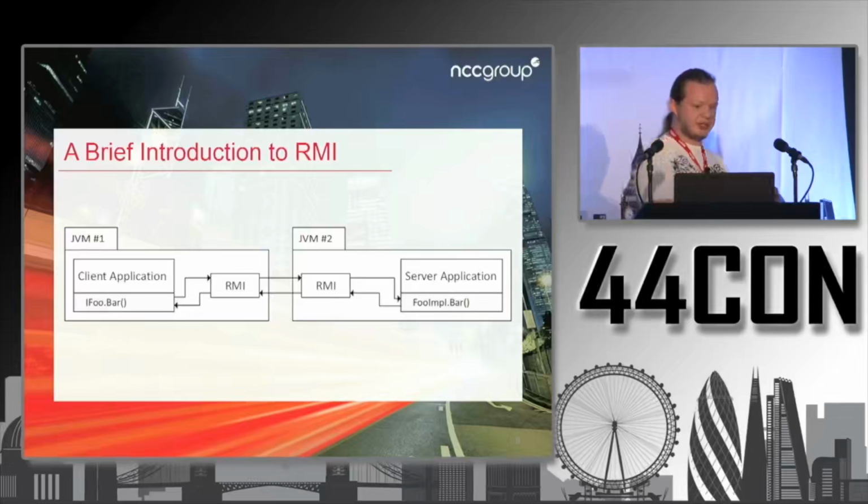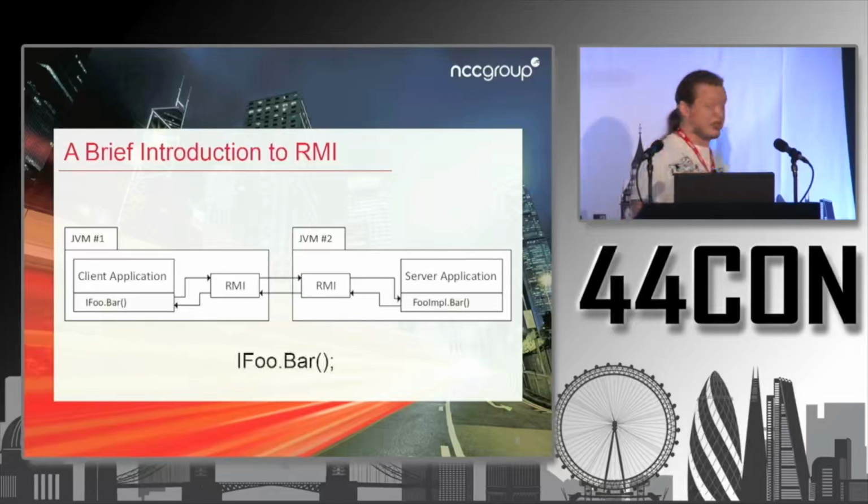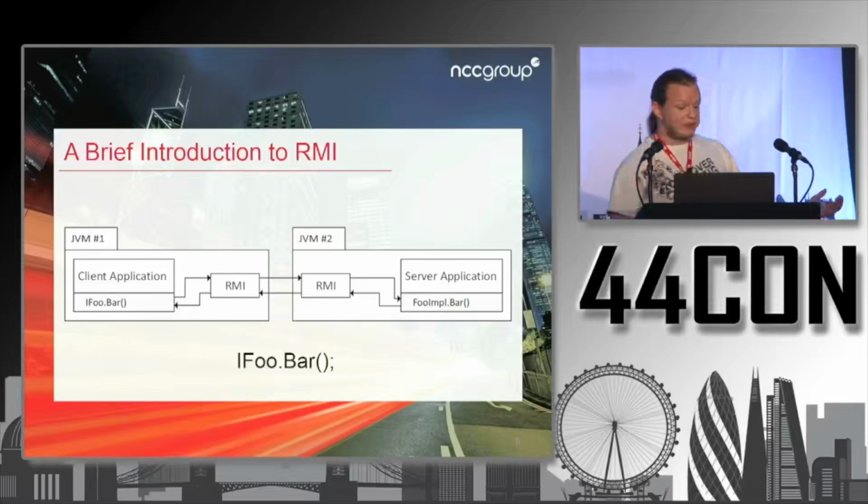That decodes the packet, finds the object and the method to call, calls that method, gets the return value, and does the same in the reverse. Now all of this is entirely transparent, and to a developer, it just looks like that. We've got an object, ifoo, and we're calling the method bar.